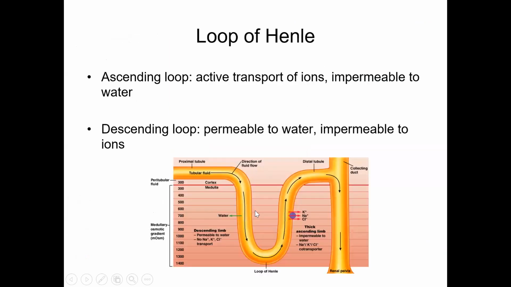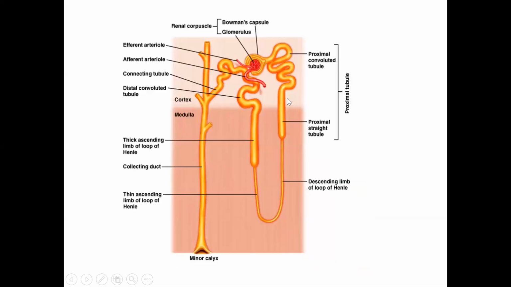Now we're down to the loop of Henle, the function of the loop of Henle. Okay, this part is a kind of confusing concept, so I really need to have your attention for this part. Loop of Henle, of course, has an ascending part and a descending part. Here is the descending part. Here's the ascending part. So this is all loop of Henle structure. Remember, descending is closer to the PCT, ascending is away from PCT.